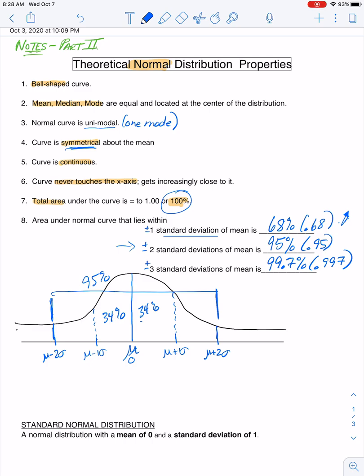Well, if you go out here to the side, I have a little space, and we say 95 minus 68, we're going to drop that out at 27. Divide that by 2, and we get 13.5%. So we have 13.5% in each of those new compartments.